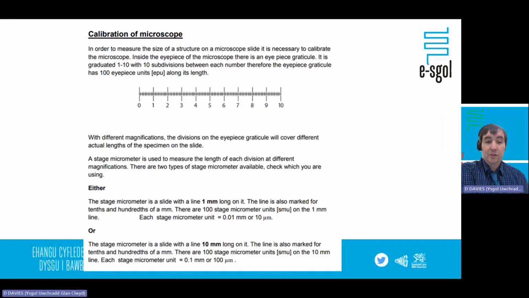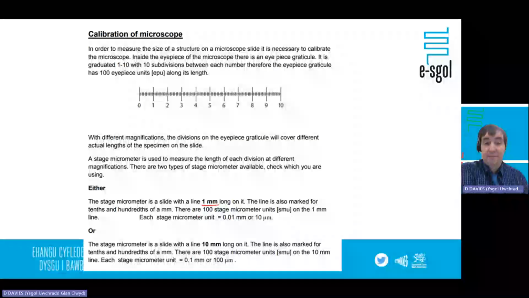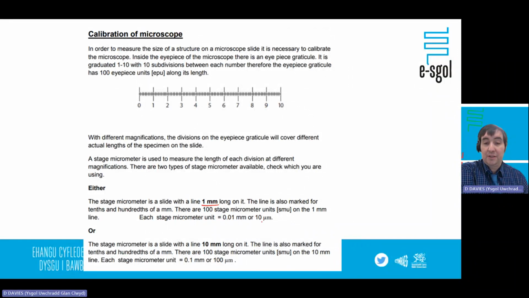If you have a 1 millimeter line divided by 100, each stage micrometer unit is worth 0.01 millimeters or 10 microns. Remember, 1 millimeter equals 1,000 microns. With the 10 millimeter slide, we're 10 times longer starting, so we're 10 times longer finishing.